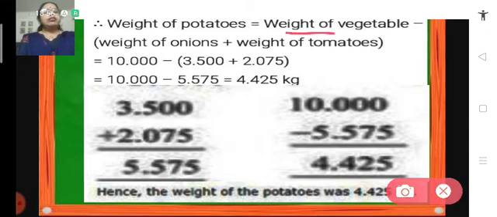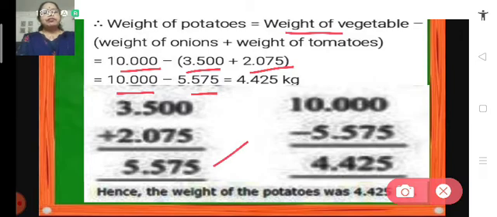So it is 10 kilograms minus 3.500 kilograms plus 2.075 kilograms. So we get 10.00 kilograms minus 5.575 kilograms.